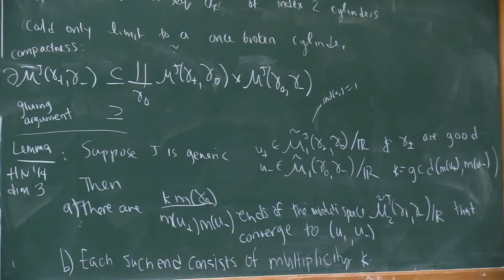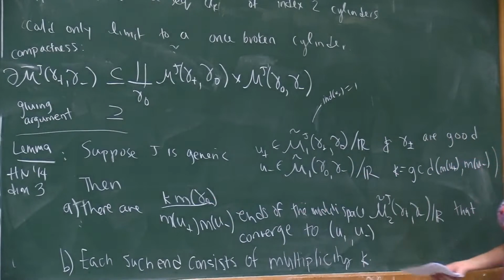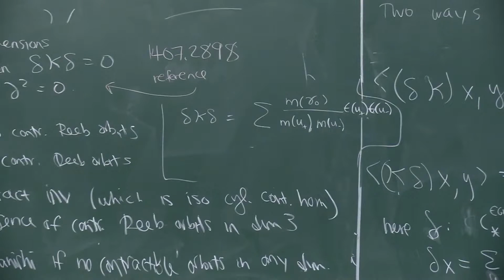You have some coherent orientation stuff. Okay, great. And then the point is that if you know that there are this many ends and they each have multiplicity k, and you're looking at a compact one-dimensional manifold, and then you count those ends with sign, then this is going to be equal to 0.